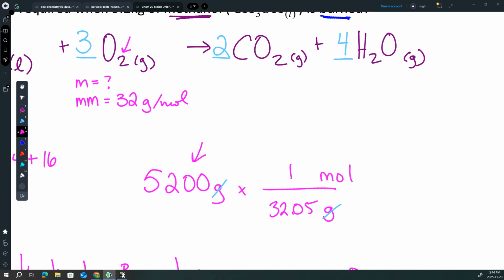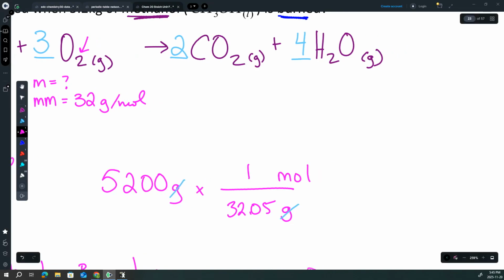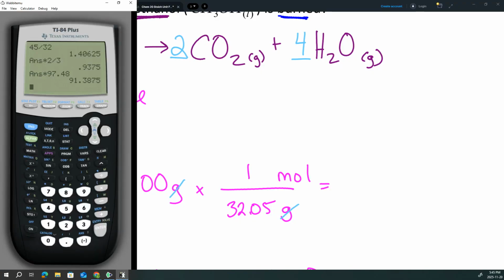Or, if you think about it, 5,200 times 1 is still going to be the same number. So essentially, we're just taking 5,200 and dividing it by 32.05. So that's going to give us, let's write this out, 5,200 divided by 32.05.